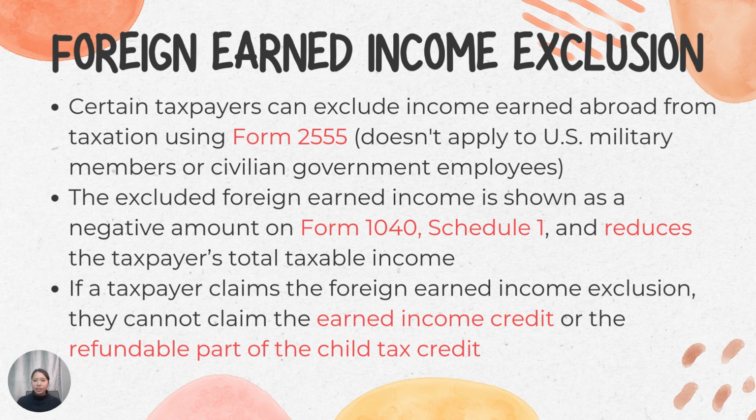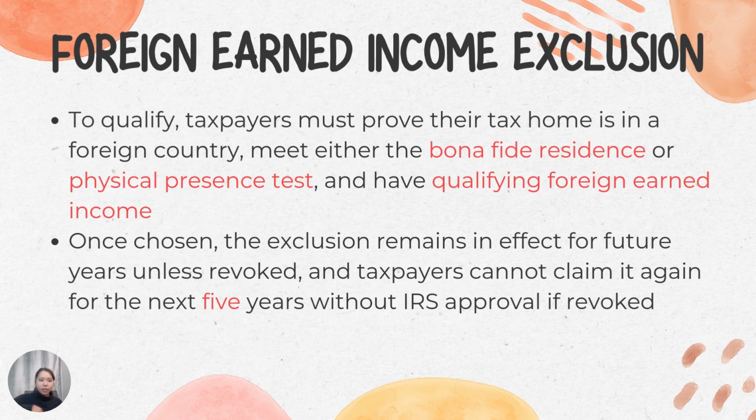However, this isn't always the most beneficial option because when you take the foreign earned income exclusion, or the FEIE, you will be sacrificing being able to take the earned income credit on the U.S. return or the child dependent credit, or the refundable part of the child tax credit, like we mentioned.